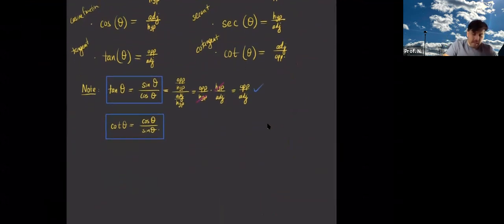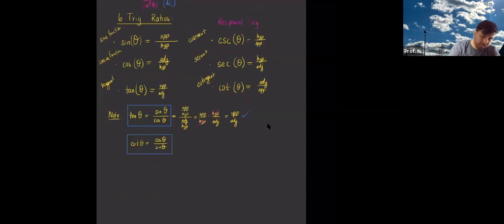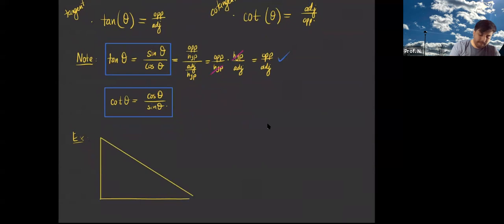So let's see this in action really quickly. If we have a little example of a right triangle, I'm going to give you one of the simplest right triangles ever. 3, 4, 5. So this is a right triangle. And how do I know this is a right triangle?